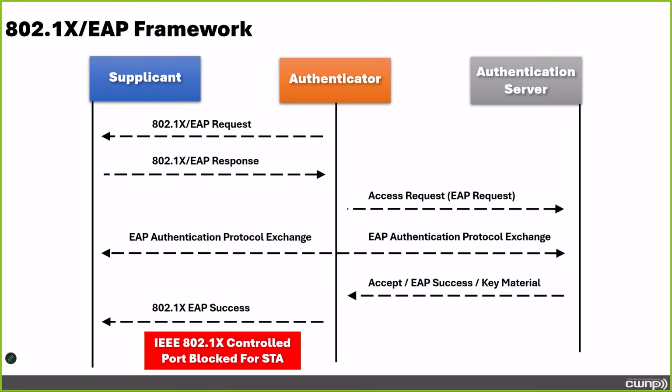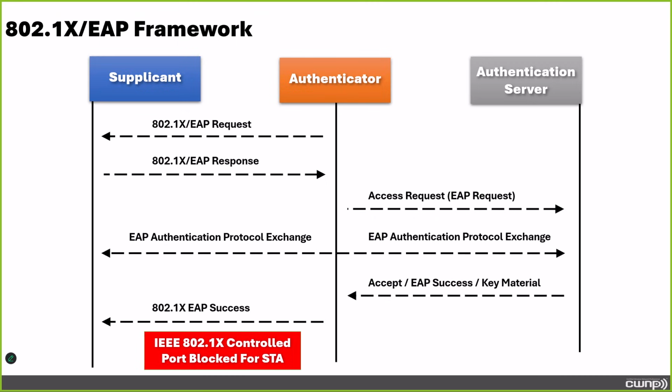So how does this all work together with 802.1X EAP? And remember, this stuff we're talking about here is really enterprise deployment, WPA2, WPA3 Enterprise. So basically the 802.1X EAP framework is simply that we're going to go through an 802.1X EAP authentication.